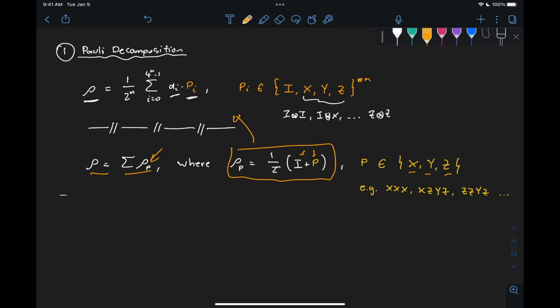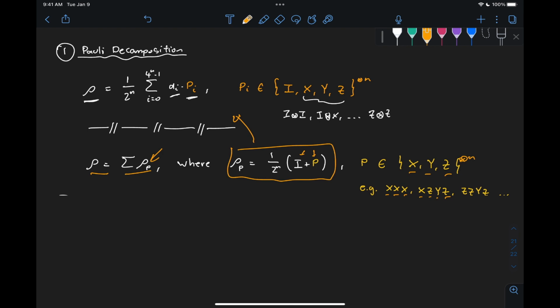It's just separating the identity from the Pauli matrices. And again, in this particular case, this set of matrices represents all possible tensor products. So for 3 qubits, we could have XXX, for 4 qubits X, Z, Y, Z, and so on and so forth, right? So that's the first thing we need to know, that we can represent any density matrix as sums of these Pauli matrices with some coefficients.